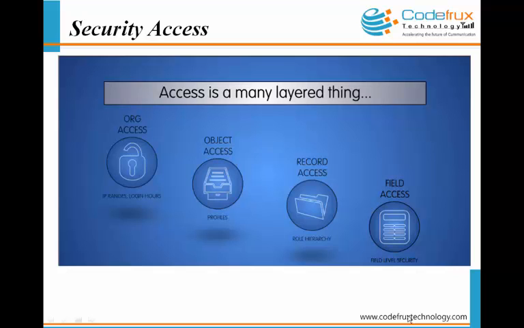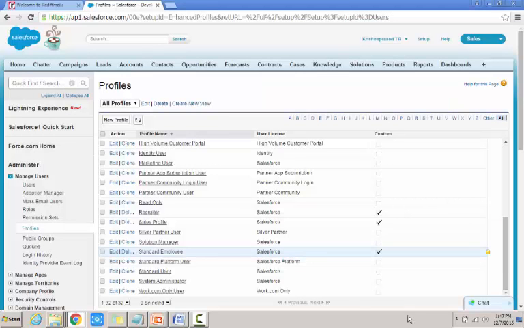So we can log in to the application and I'll show you how we can restrict the access. In this demo I have taken a standard user profile and created a custom profile by cloning it, which is called the sales profile.